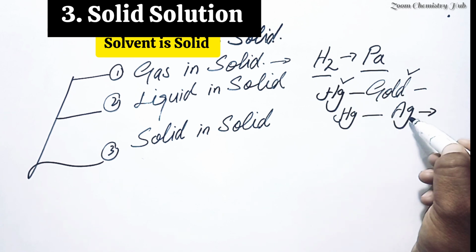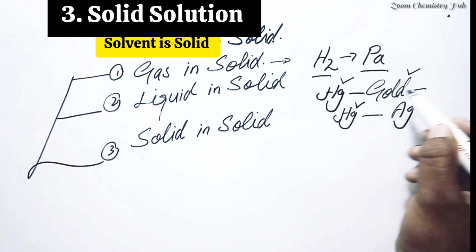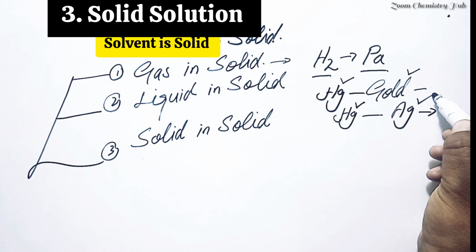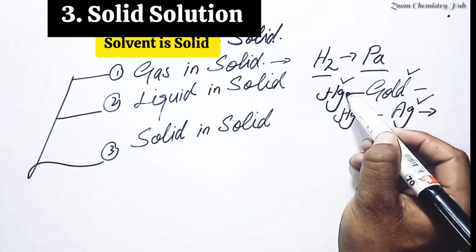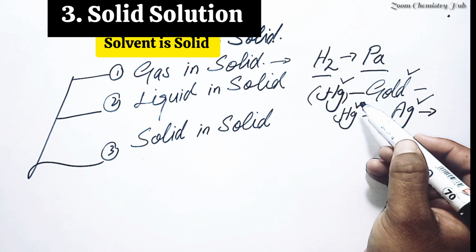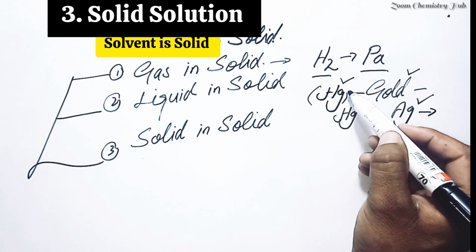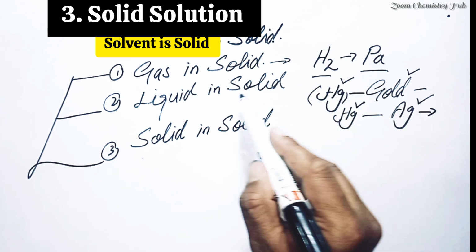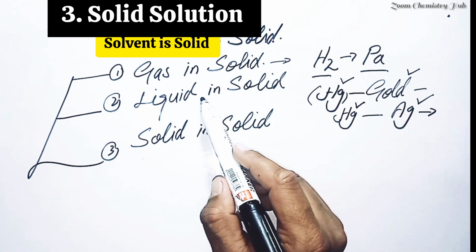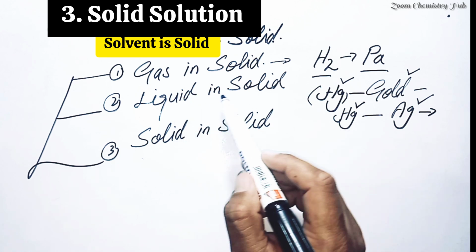Similarly, here mercury is solute and silver is solvent. And we know that mercury is a metal that exists in the liquid state. So this is the example of liquid in solid.